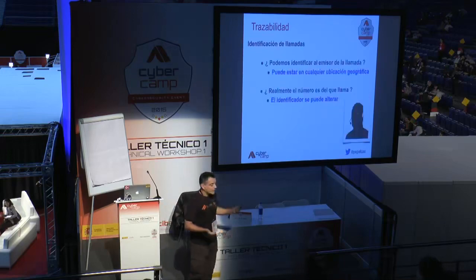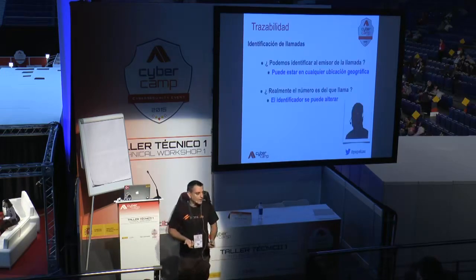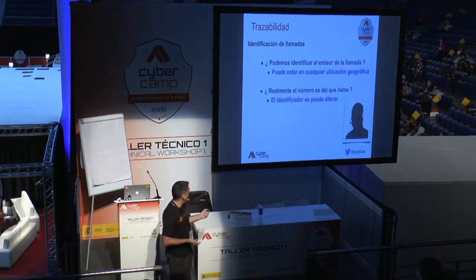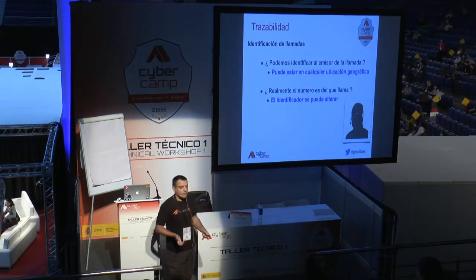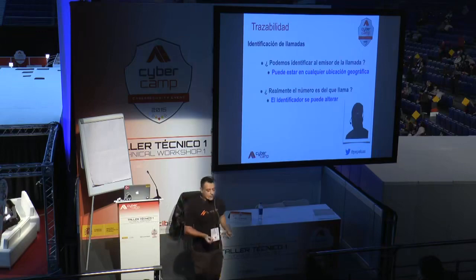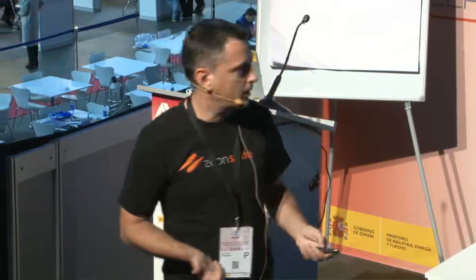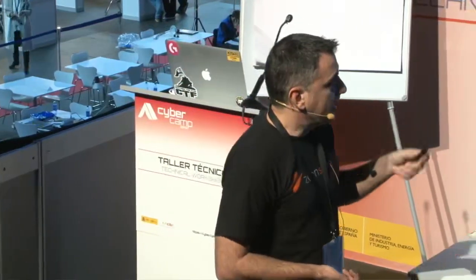And so what do we do if we receive that phone call? Can we trust the phone call identifier? We've seen we cannot, because it can be altered and it can actually be in any geographic location. I connect through internet, I can be in China and I can call with a Russian number.